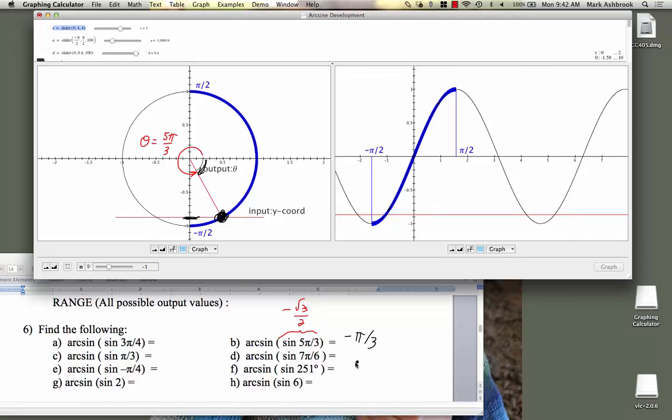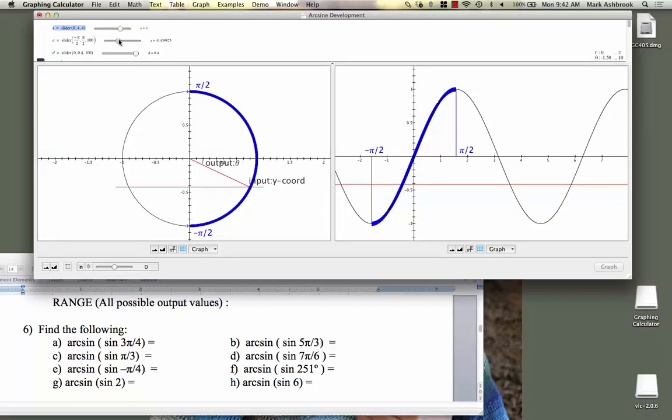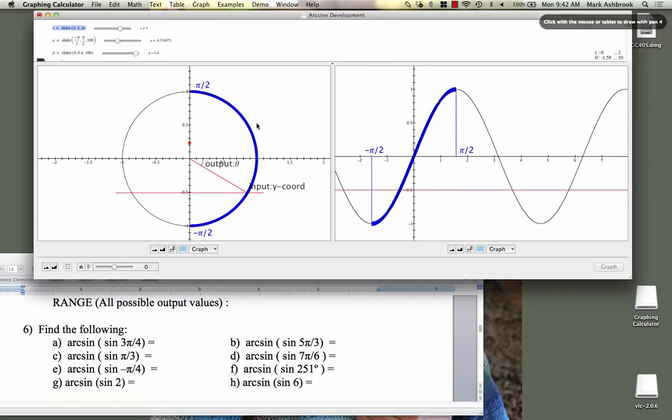Okay, let's try 7 pi over 6. What is the sine of 7 pi over 6? So let's draw that. Here we go. 7 pi over 6 is this angle right here. What's the sine of 7 pi over 6, first of all?